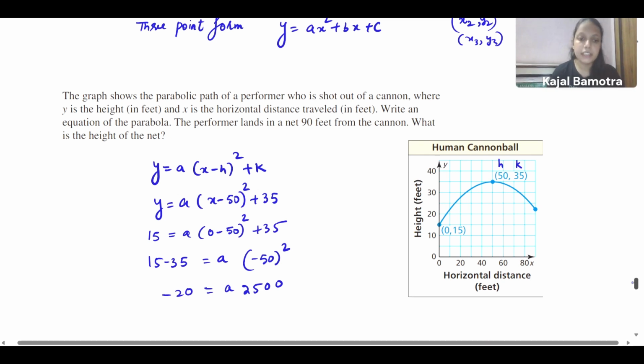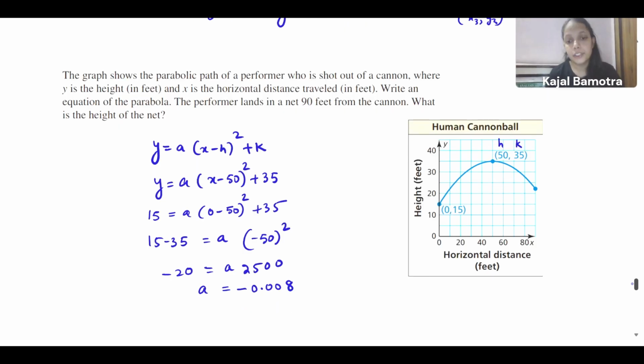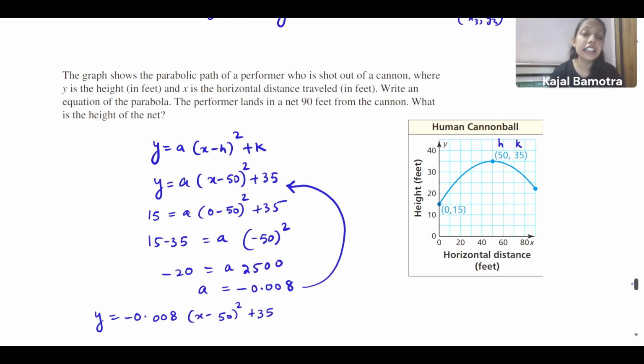From this, if I divide both sides by 2500, I will get a equals negative 0.008. Substitute the a value in this equation. You will get y equals negative 0.008 times (x minus 50) squared plus 35. This is the equation of the parabola.